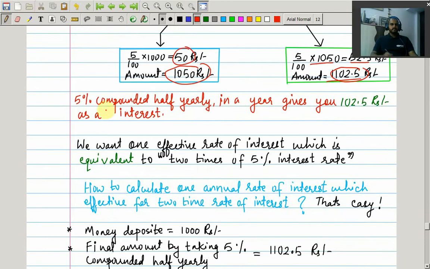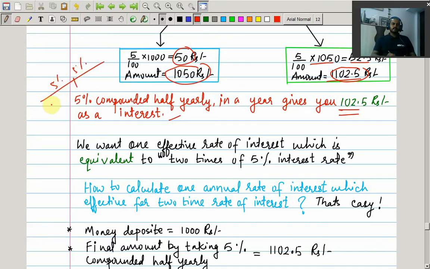Let's read further. 5% compounded half yearly in a year gives you 102 rupees 50 paisa as interest. We want one effective rate of interest which is equivalent to 2 times 5% interest rate. So I don't want 5% and again 5%.